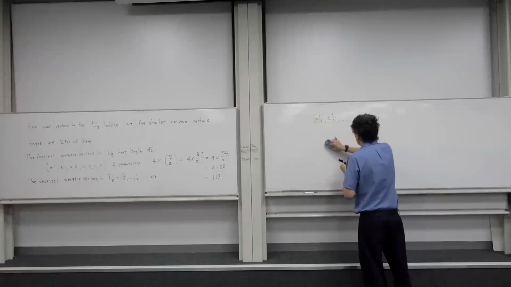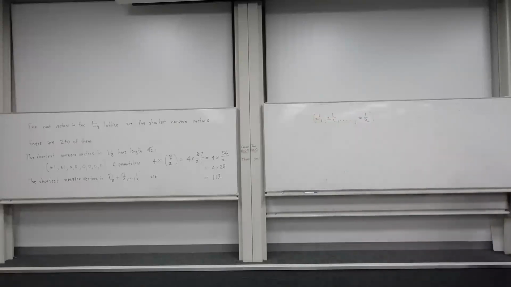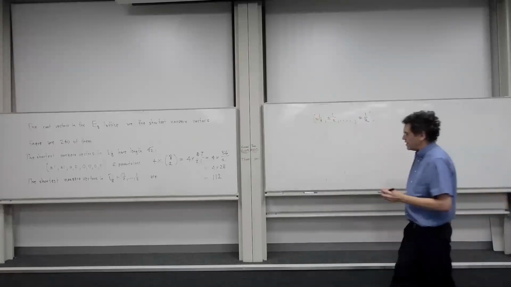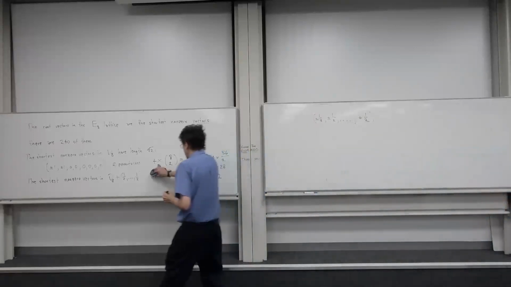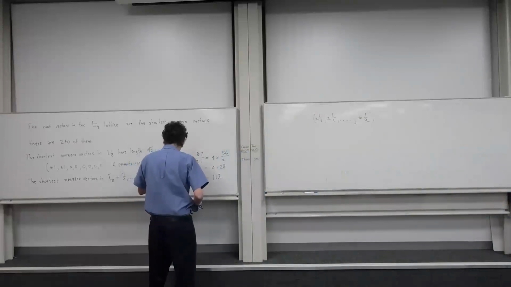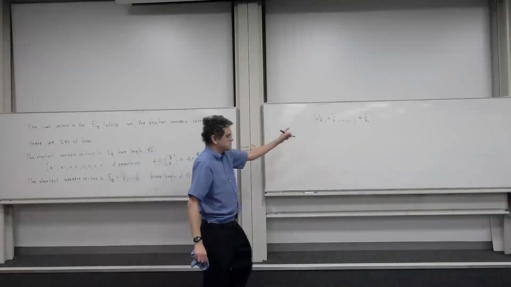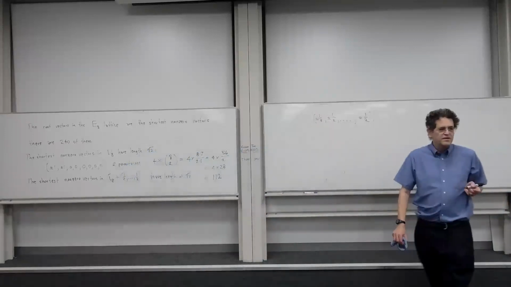Anything else would be longer. These we already saw have length square root of 2, so that's good, they're the same length. But what's the slight catch to counting these?